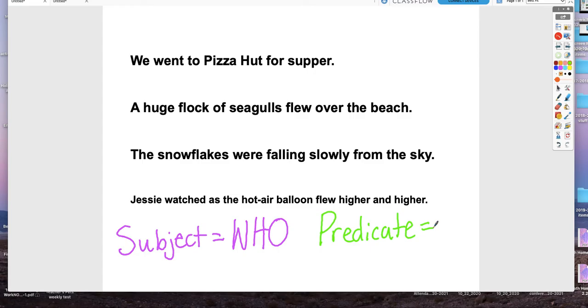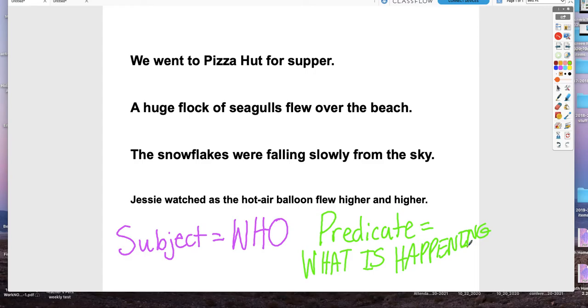Right, what is happening in the sentence? Very good, Valerie. So the subject tells me who, the predicate is what? Is, I'm making it nice and big, happening. I-N-G. Oh, I almost ran out of space, but I got it in there.